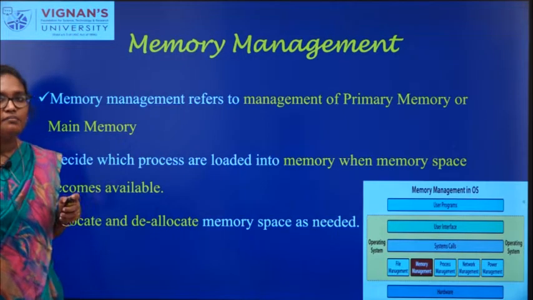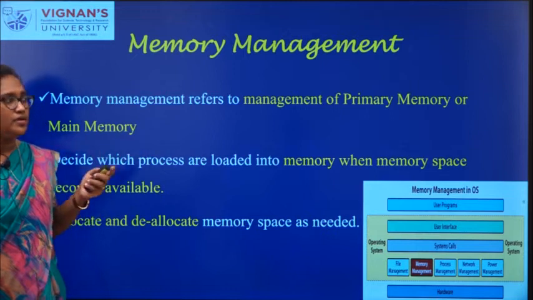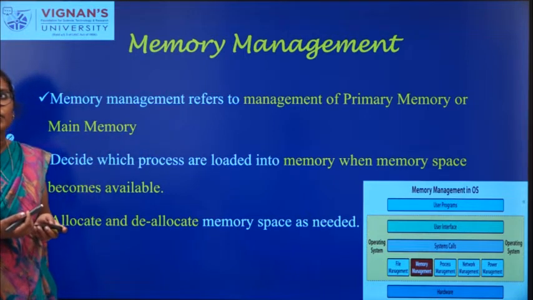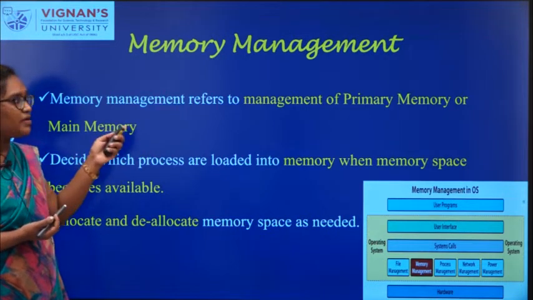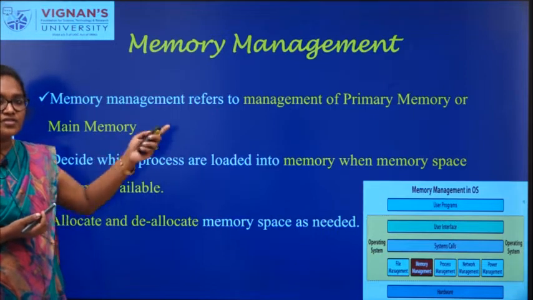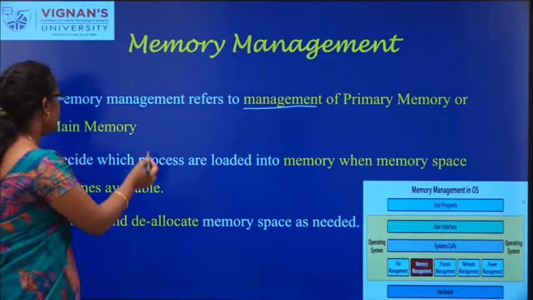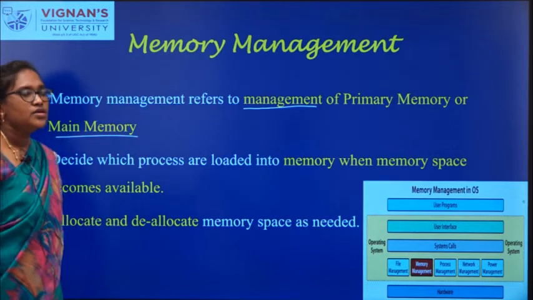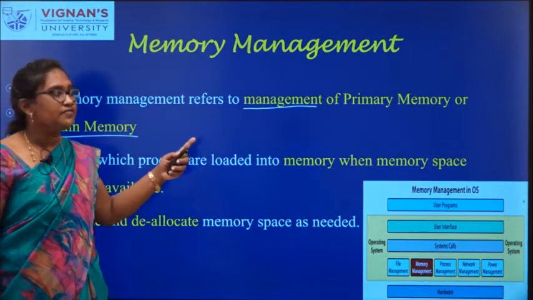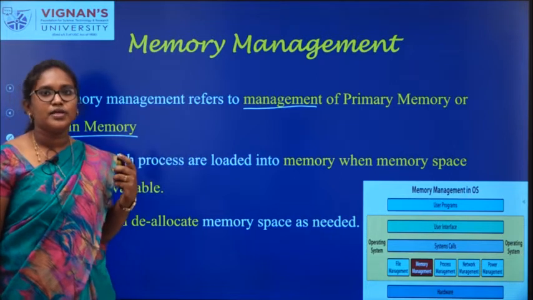Next one is memory management. So what is the functionality of memory management? Memory management refers to the management of primary memory or main memory. We have already seen the functionality of memories, right?